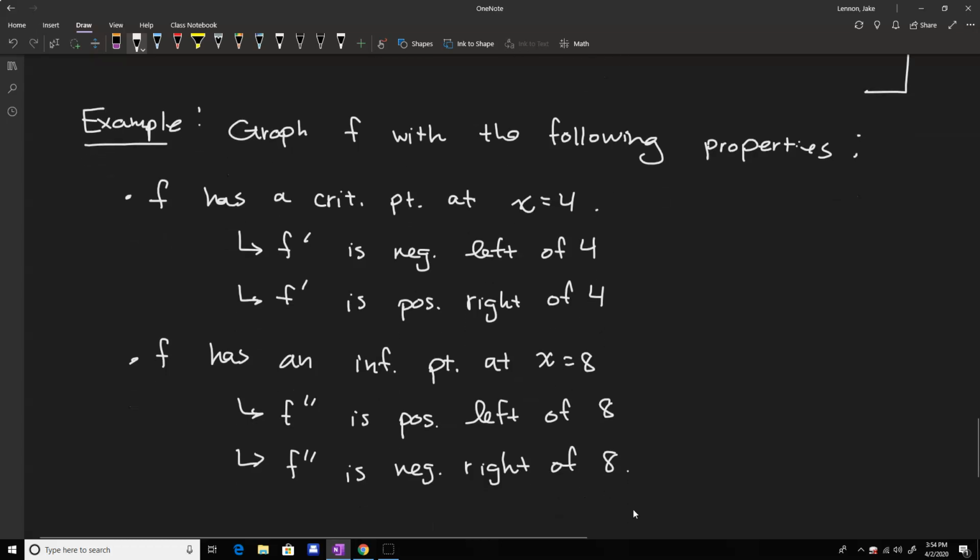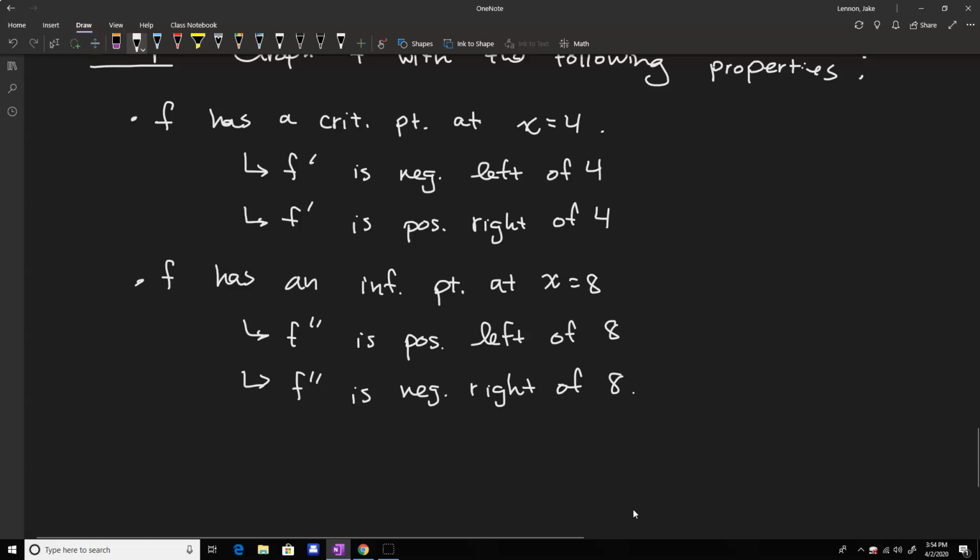So basically, if we kind of synthesize this information, the first thing tells us the critical point is negative left of 4 and positive right of 4.